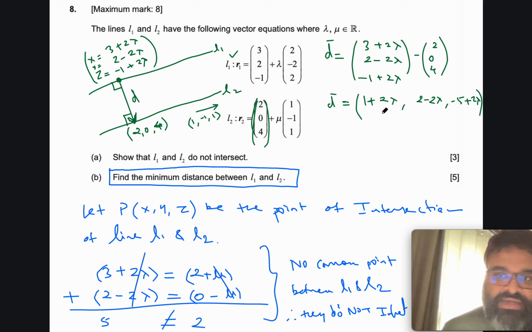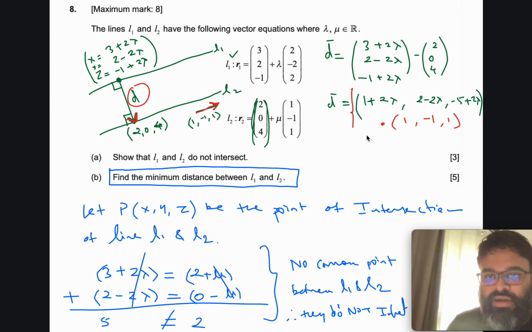Now, after you find vector D, for sure you know one condition, that this vector D and this direction vector are perpendicular to each other, aren't they? So you know that the dot product is going to be 0. So I will do that here. If I do the dot product, I will dot this with (1, negative 1, 1), and this dot product has to be 0.